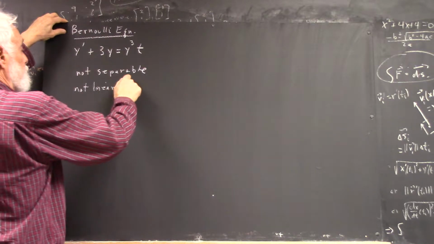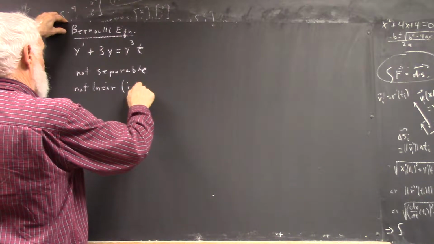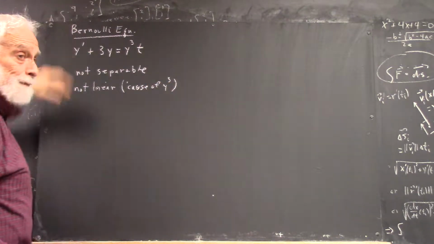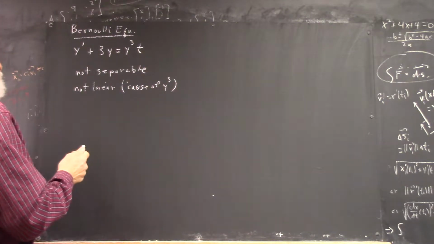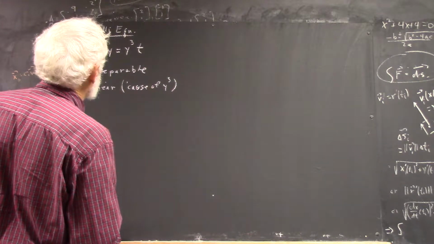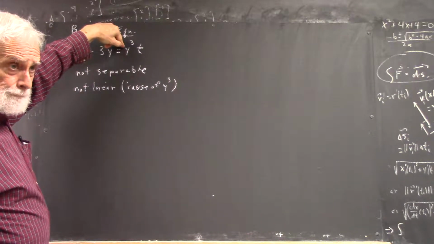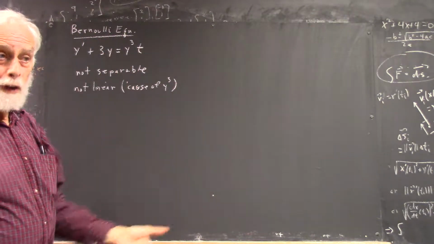Not linear, because of the y cubed. But if it wasn't for that y cubed, it would be linear. So we have the idea that we can do a change of variable.